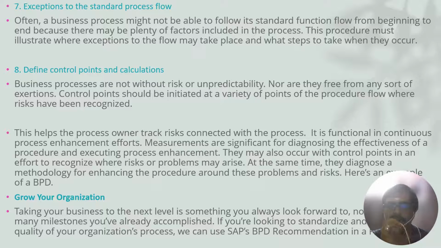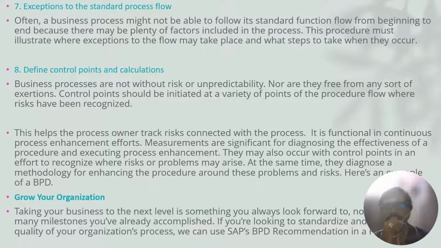So not sure they are free from any sort of exceptions or happenings, right? Control points should be initiated at a variety of stages of the procedure flows where risk has been recognized. This helps the process owner track risk connected with the process.